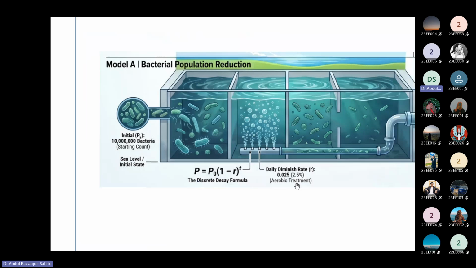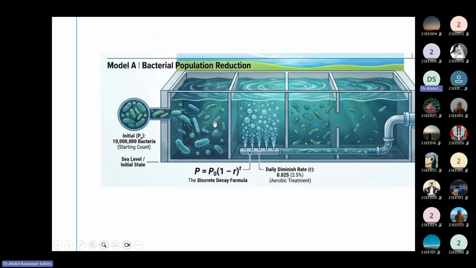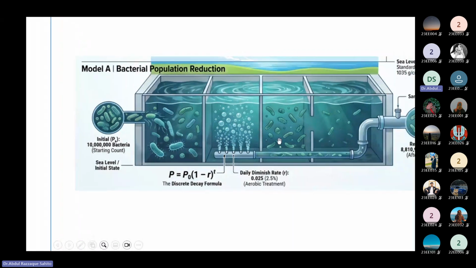And here you can see that the bacteria are too much on the left hand side, as we have provided the treatment as aeration. So what is happening to the bacteria? Are they increasing or decreasing? From left to right, what is happening to the bacteria?